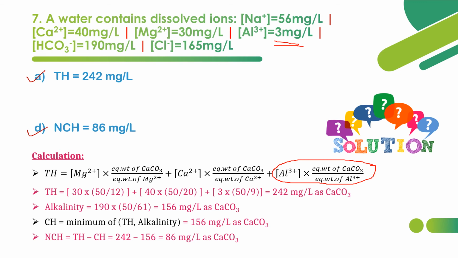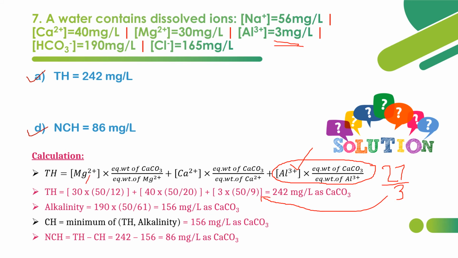Aluminium is a multivalent metallic cation, so in the total hardness calculation it is taken into consideration with the equivalent weight of CaCO3, that is 50. For aluminum, atomic weight is 27 and valence is 3, so 27 by 3 is 9. That's why here we have used 9.